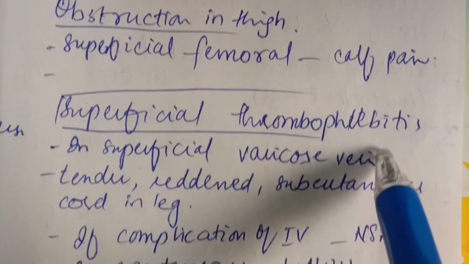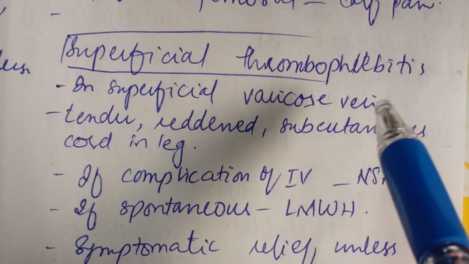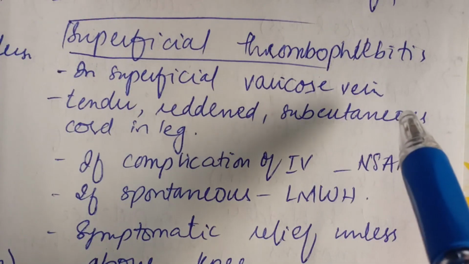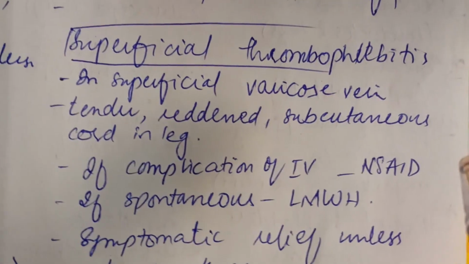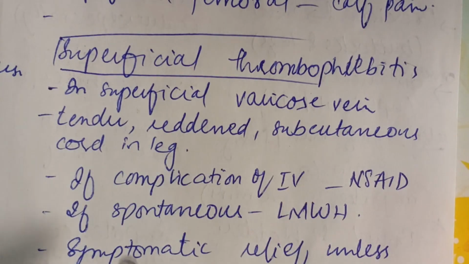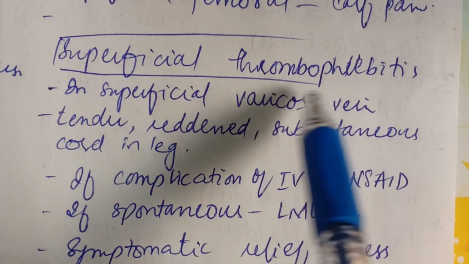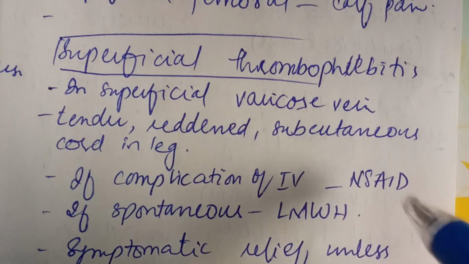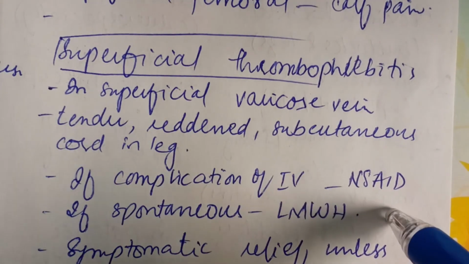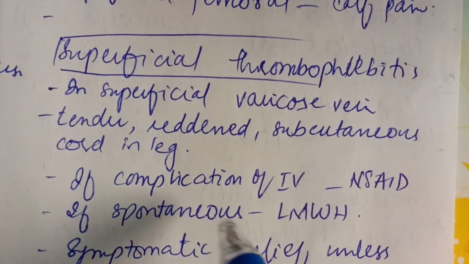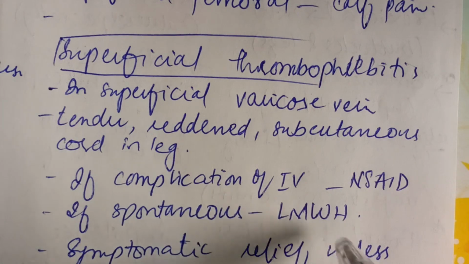Now, coming towards superficial thrombophlebitis, it is usually in a superficial varicose vein. On examination, there would be a tender, red, subcutaneous cord felt in the leg. It can be a complication of intravenous infusions; if it is a complication of IV, the patient would be treated with NSAIDs, and if the thrombophlebitis is spontaneous, he would be treated with low molecular weight heparin.